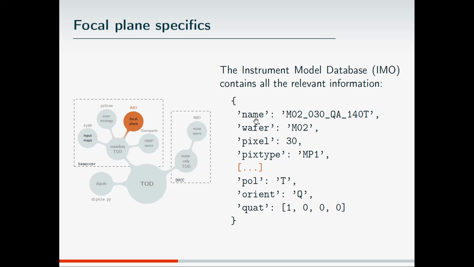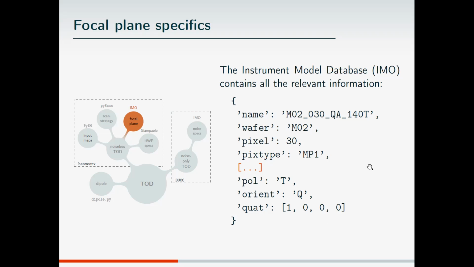For instance, for a detector, you have these huge dictionaries. Here I'm missing a lot of entries because there were too many, like the name of the detector, the wafer of the detector, the pixel in the focal plane, and so on. The most relevant things for beamconv are the pol, orient, and quad quantities.